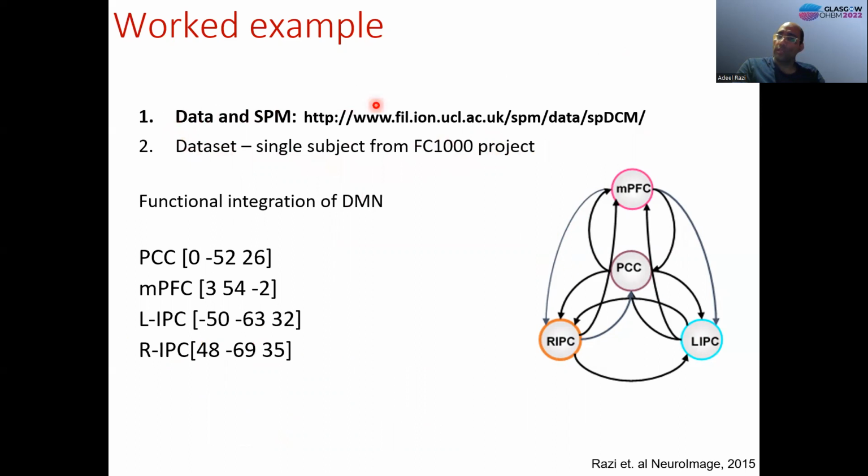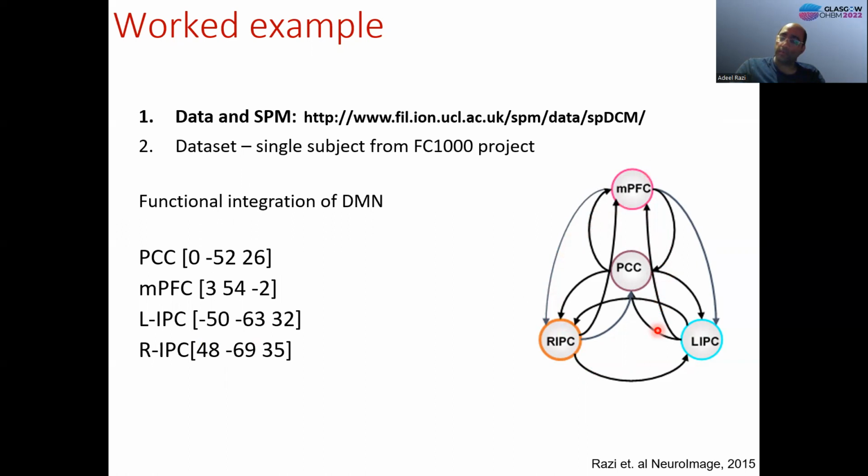In the chapter there's a link to this data which you can download, and then you can follow the chapter guidelines step by step, and it will help you implement this first level DCM for a default mode network.